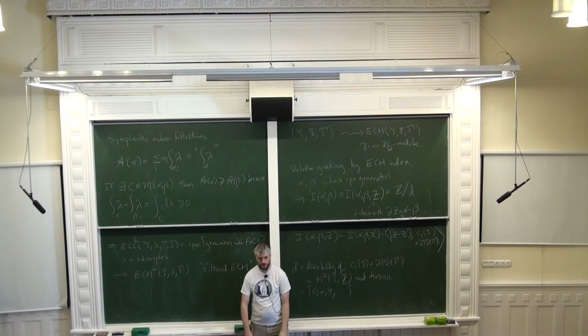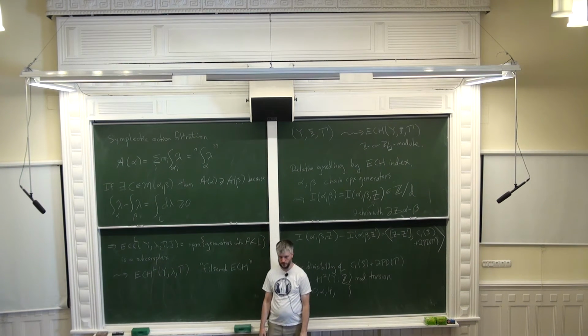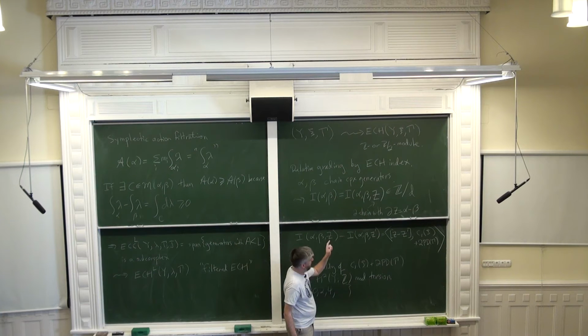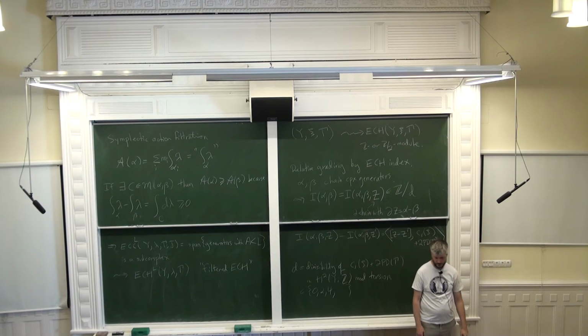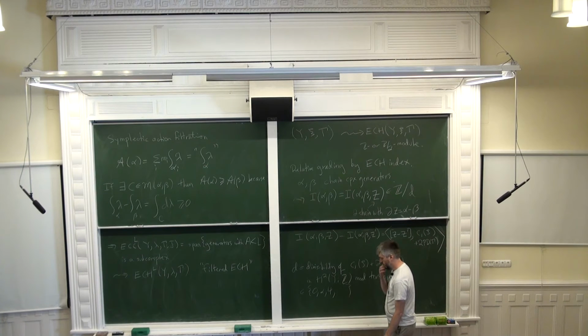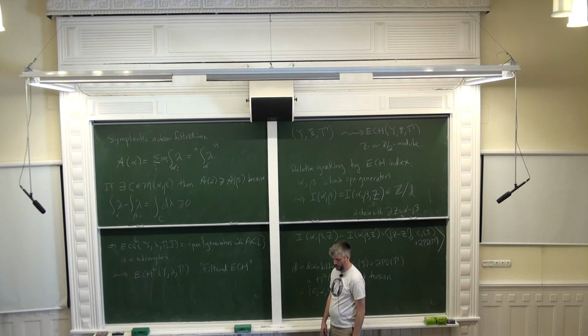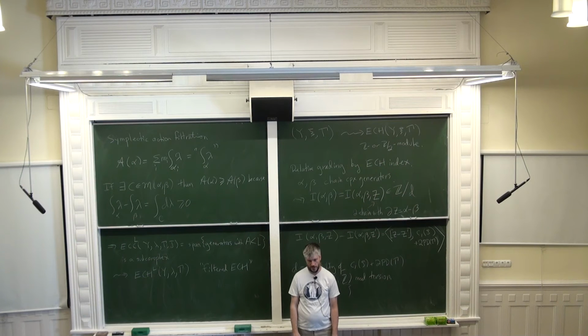So this is what appeared in the first lecture when I talked about ECH capacities. But now you see the actual definition of it. Now, the usual ECH over here is isomorphic to Seiberg-Witten or Heegaard Floer homology, and it's basically a topological invariant of the three-manifold. However, this thing depends heavily on the contact form and not just on the contact structure.